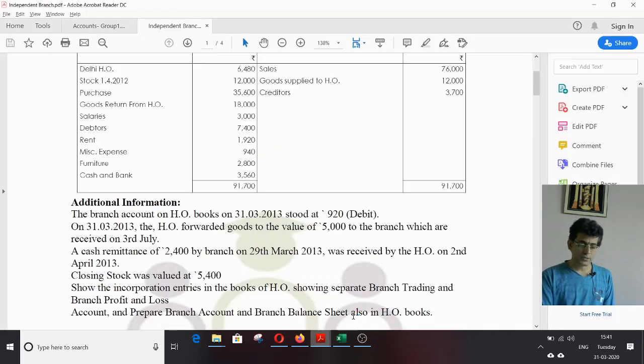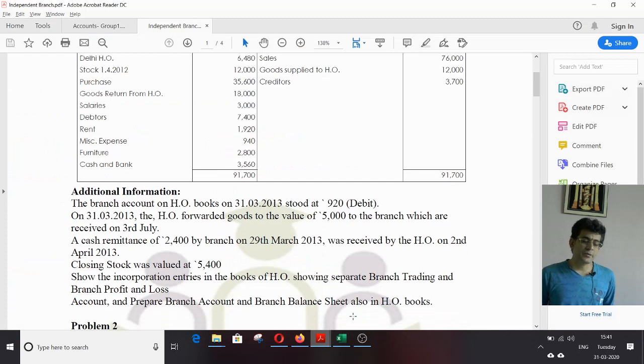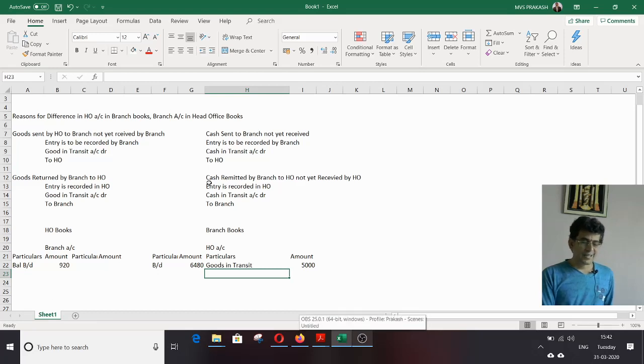Now what is the next? Cash remittance of 2,400 by the branch on 29th March was received by the head office on 2nd April. The branch has done a cash remittance, but the cash remittance was not received by the head office on 31st March. So in the branch books, the entry is passed. The entry should be passed in whose books? Head office books. Now let us go back. Cash remitted by branch, not received by head office.